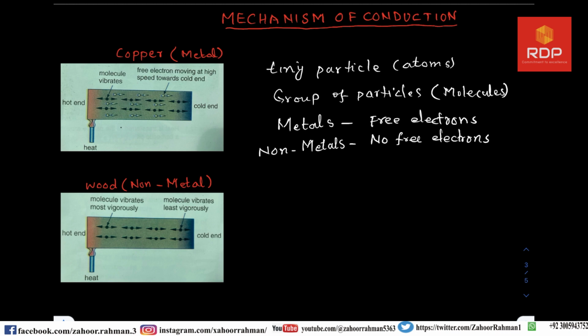The figures on the left side of your screen give a look through the molecular theory of materials, and show what happens to the copper rod, which is a metal, and the wood rod, which is a non-metal.